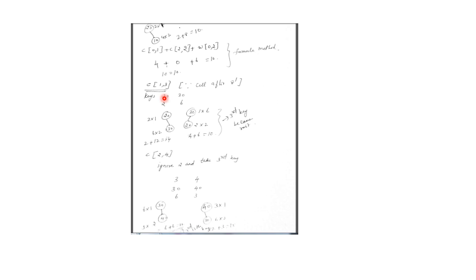Then we can move on to C of 1, 3. Here the keys are 20 and 30, and the frequency counts here are 2 and 6. As in the previous steps, here also we have to find the possible binary search trees.